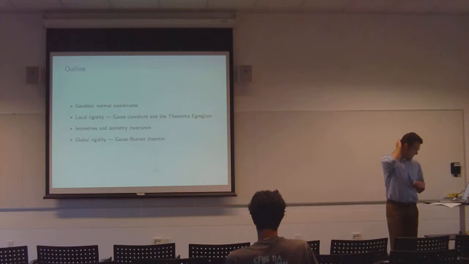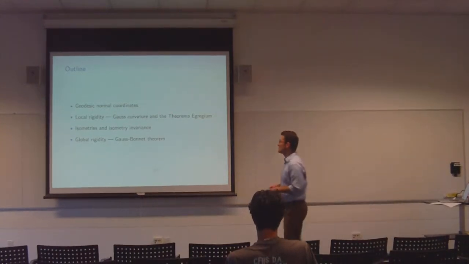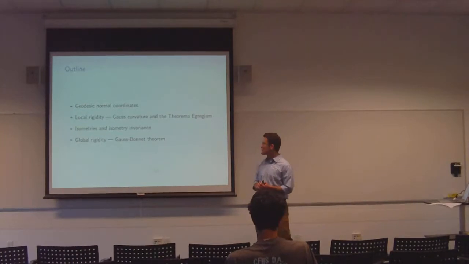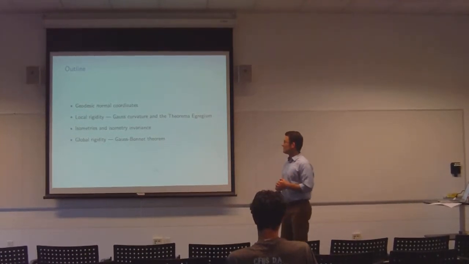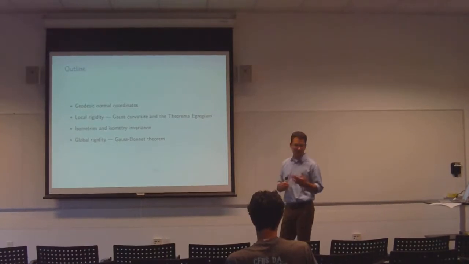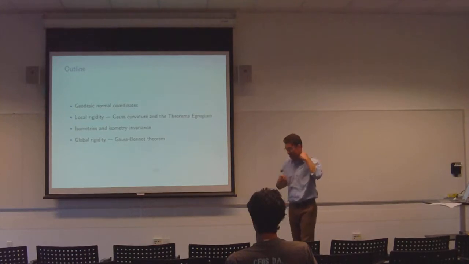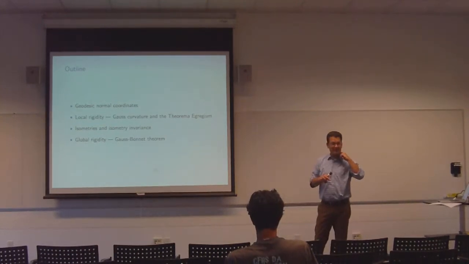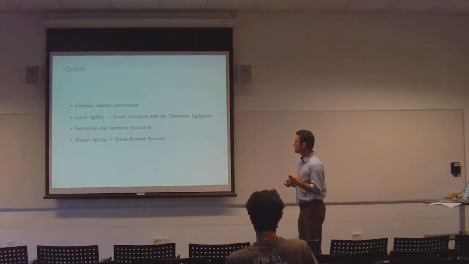Okay, so the outline is, well, we're going to go back to something that we covered a little bit earlier, which is the exponential map. The exponential map is an intrinsic object, and it involves geodesics, and we can use it to parameterize a neighborhood of a surface. As you remember, we proved that the exponential map was a diffeomorphism near the origin.